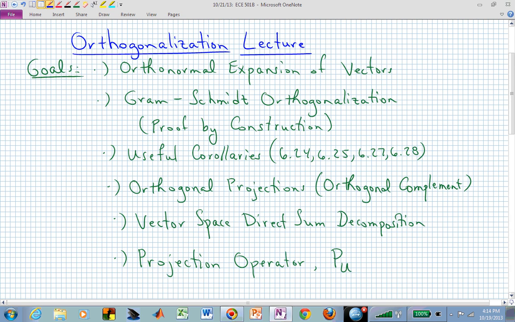That will give us this vector space direct sum decomposition, and it might be nice to be able to project onto that subspace U, and that's what we will talk about or try to finish the lecture with, talking about the projection operator, capital P sub capital U.